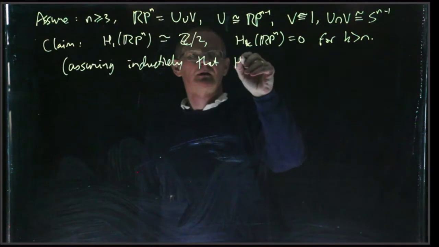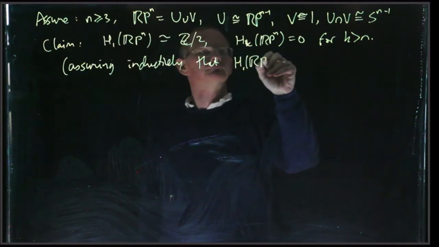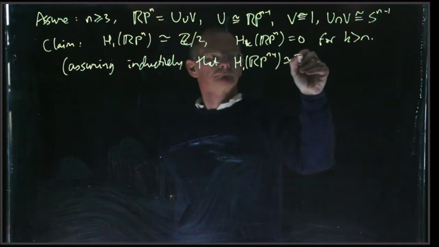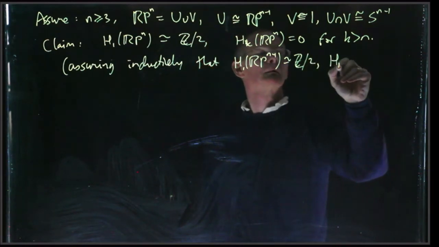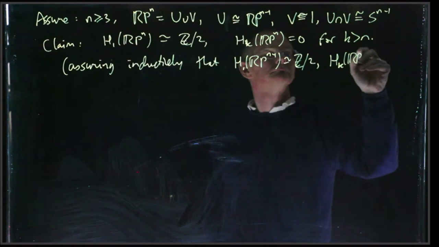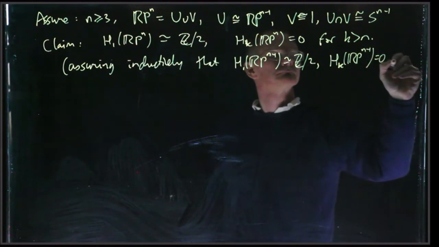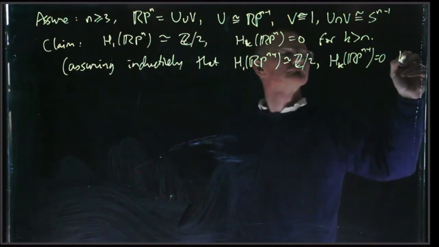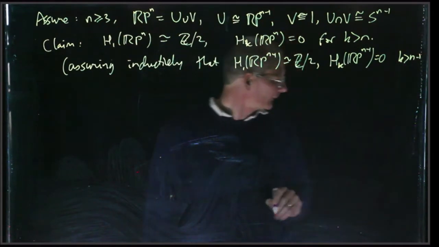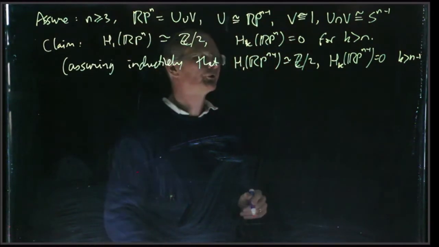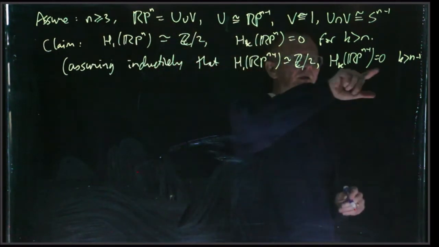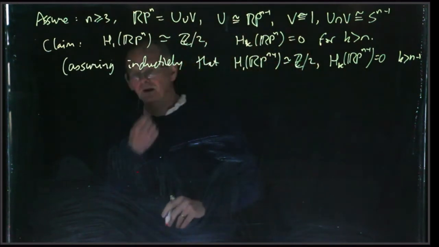So we're assuming firstly that H1 of RPn minus 1 is Z mod 2, and that Hk of RPn minus 1 is trivial when k is bigger than n minus 1.